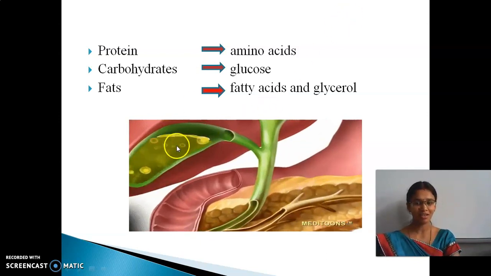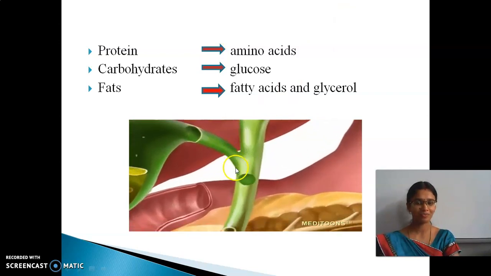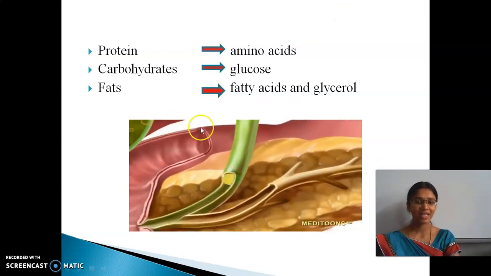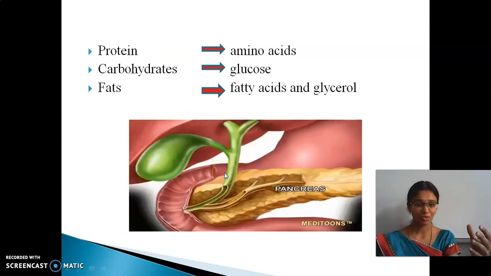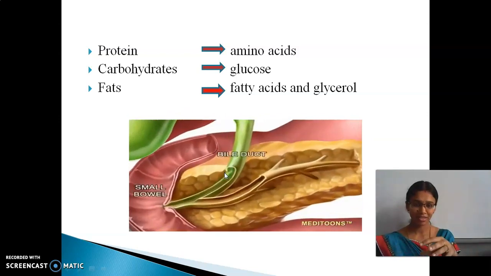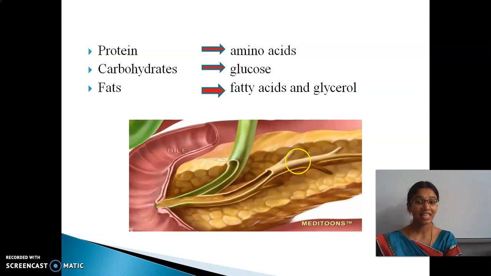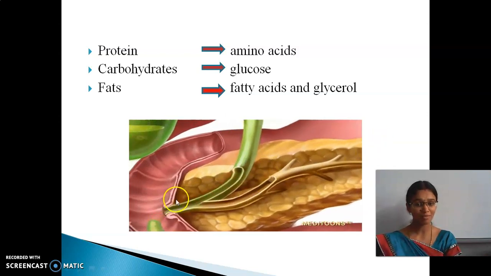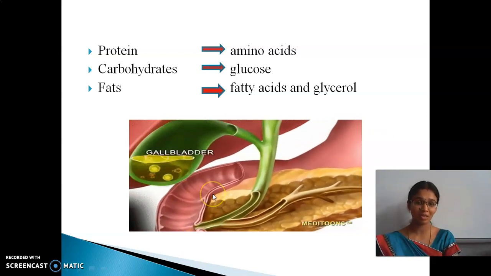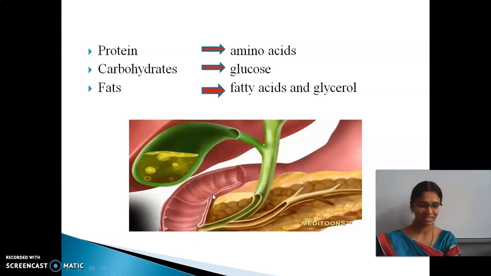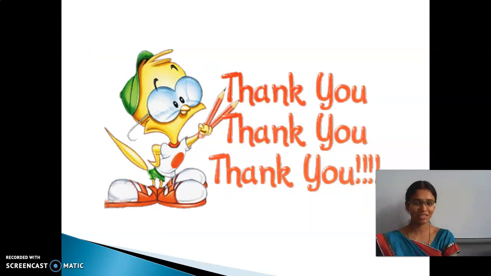Look at this picture. Yes, are you able to see here? The liver secretes the bile juices. It comes and mixes with the small intestine, and then the pancreatic juices also come and mix. So these two help in the process of digestion. Yes. So children, up to this what have we seen?